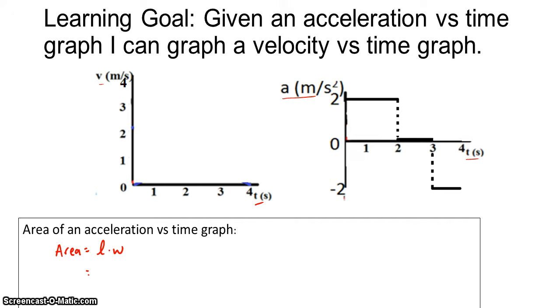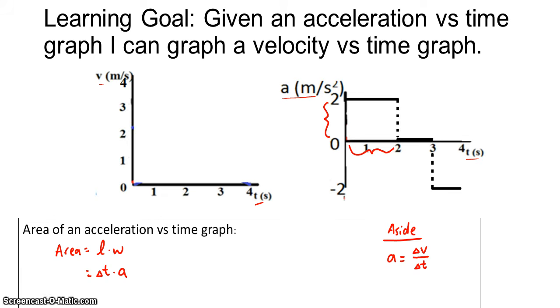My length is going to be my change in time, and my width is going to be my acceleration. So if we notice, I'll write this on the side, our definition of acceleration is our change in velocity, or a change in speed, over a change in time.